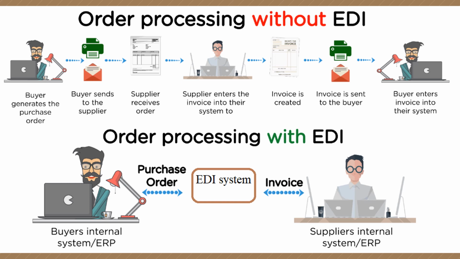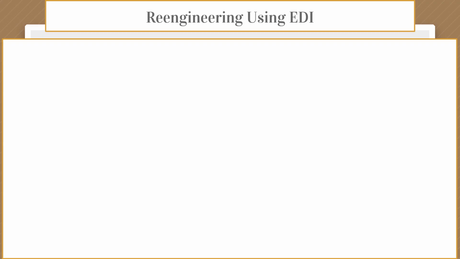Then the supplier's internal system will process the purchase order, in other words the customer order, and then send the invoice to the EDI system to process it. As simple as that.